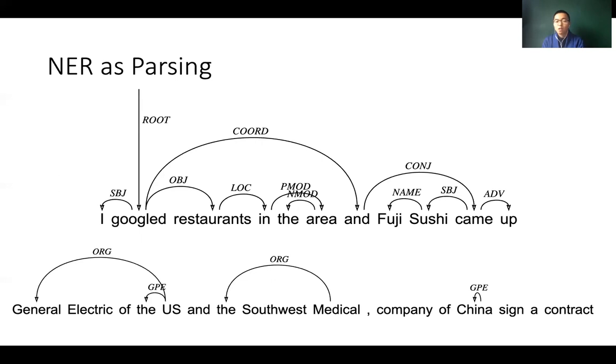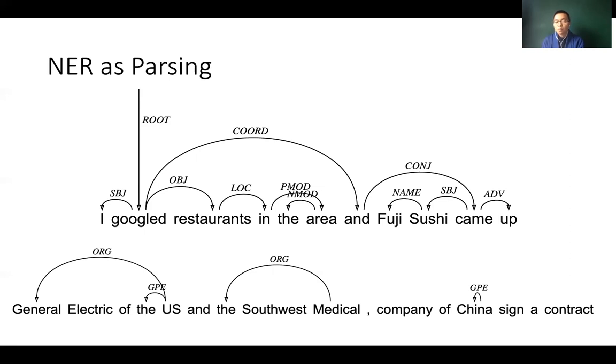First, not every start index will have a corresponding end index. Secondly, a start index can correspond to multiple end indices, such as our system allows General Electric as one mention and General Electric of the US as another mention. So this is allowed.